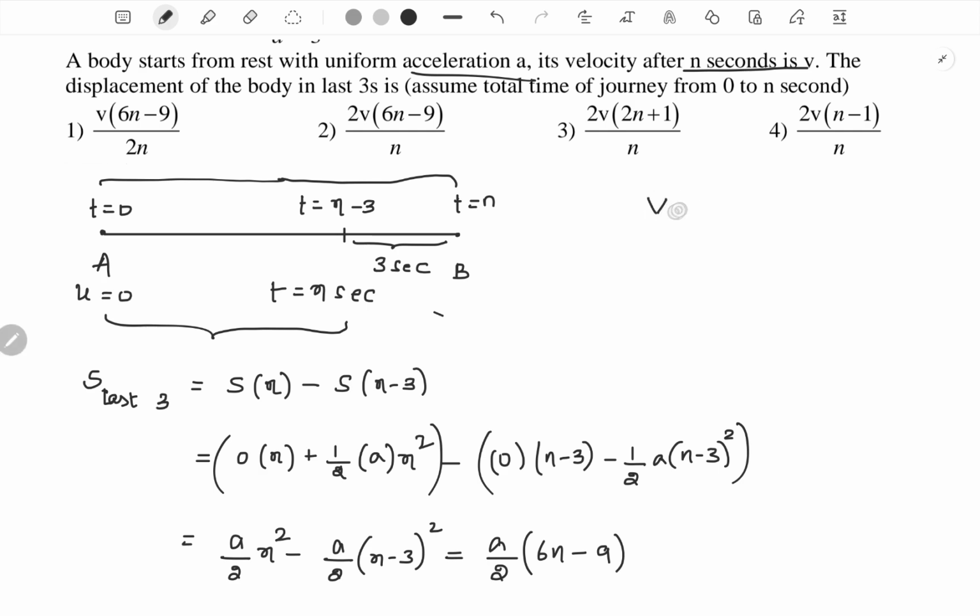Velocity after a certain amount of time is initial velocity plus acceleration into time, so a is equal to v by n. If we substitute that here, we get v by 2n of 6n minus 9. This is what the answer is.